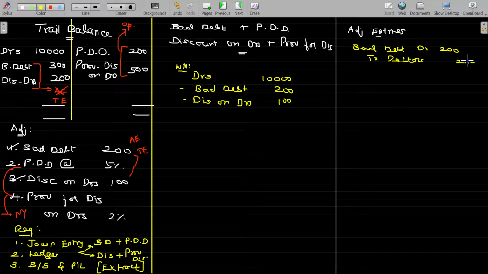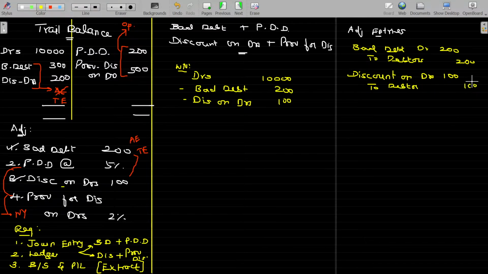And of course we have to pass the entry for adjusting the discount on debtors. The entry will be similar. Rather than bad debt, I am going to debit discount on debtors, the value being 100, to debtors.